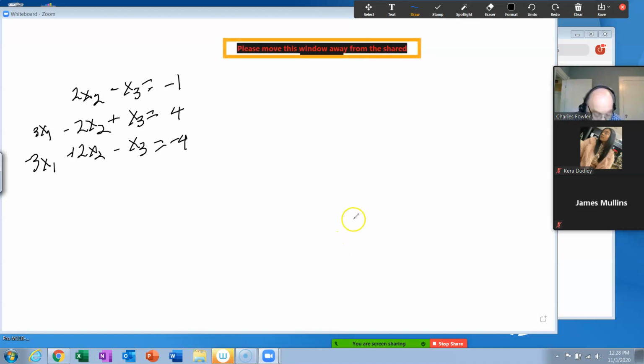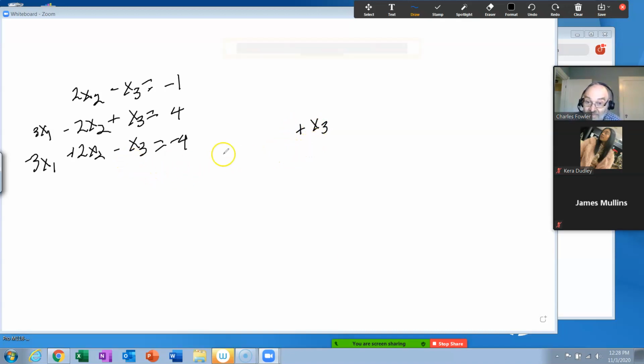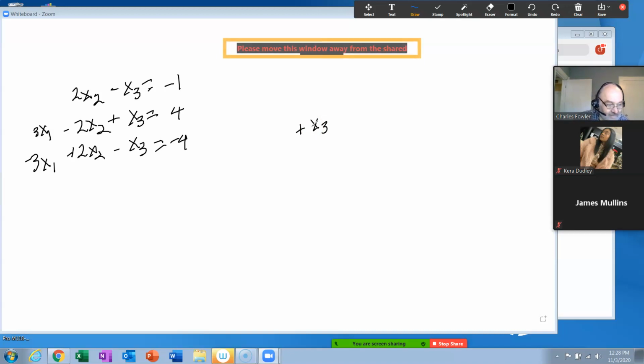Okay, here is the second system of linear equations. Everything is the same as the first one except for this, plus x3 in that last entry here. This is the only thing that's different. Everything else is identical. Now it says which of these has a unique solution.